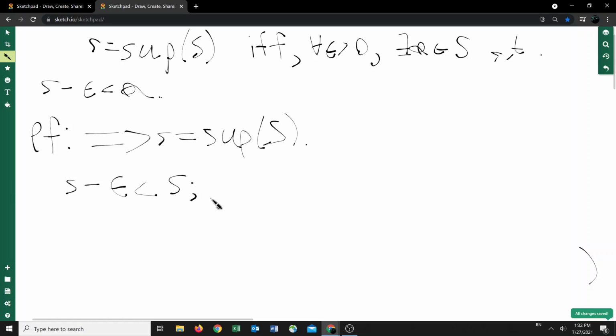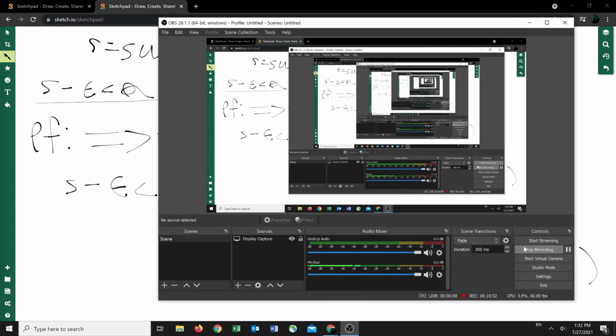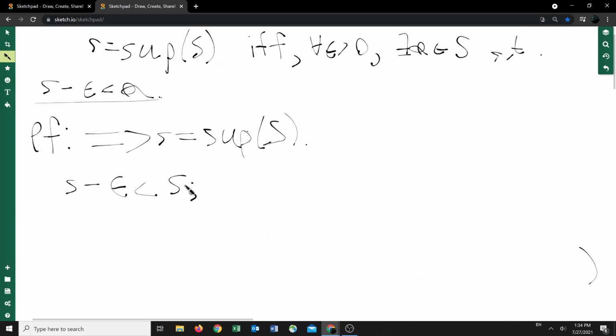Well, how do we go from here? Let's see. Notice that we want to find an a such that s minus epsilon is less than a. Actually, notice that s is the supremum, so s minus epsilon has to be in S, right?